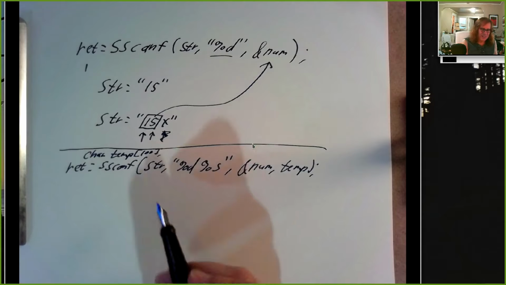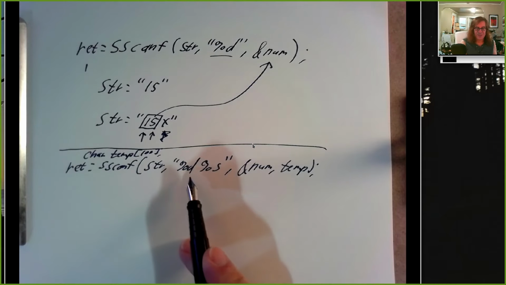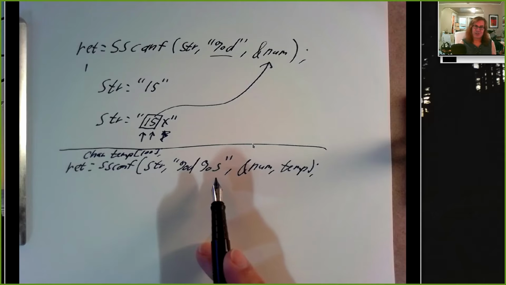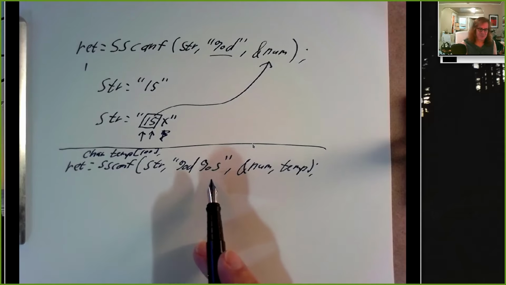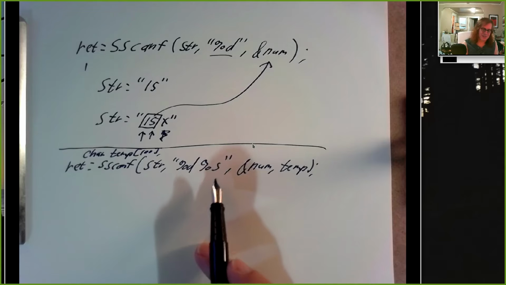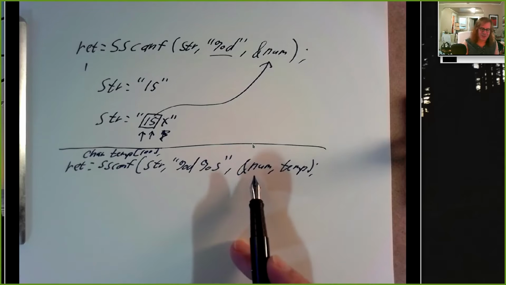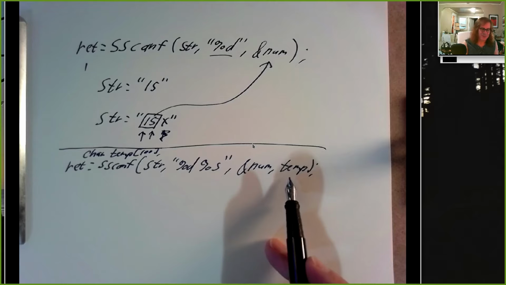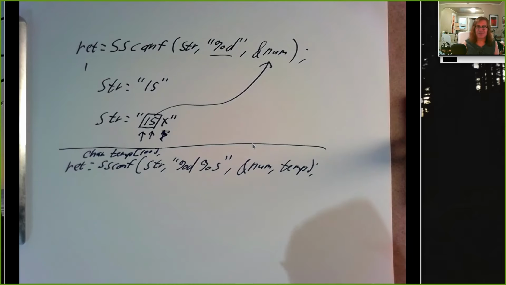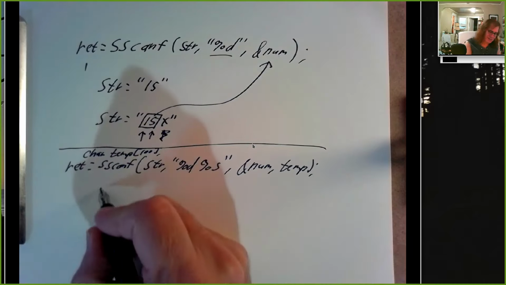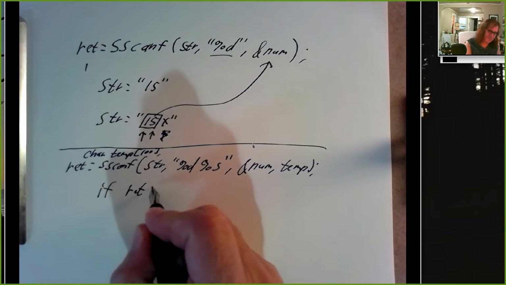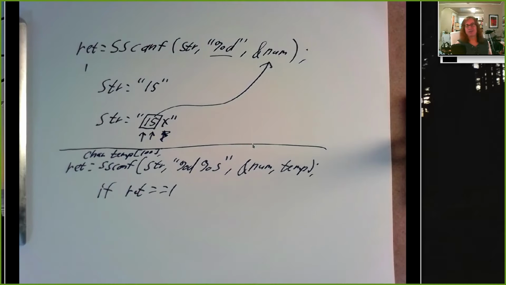Try to scan your string with this conversion format, a %d, which is an integer, followed by %s, which is anything other than white space, right? Anything after spaces, tabs, new lines, things like that. Store your integer in num and your string in temp, and save the return from scanf in return. Then again, see if the return value is exactly 1. If it is, you've got a good integer.